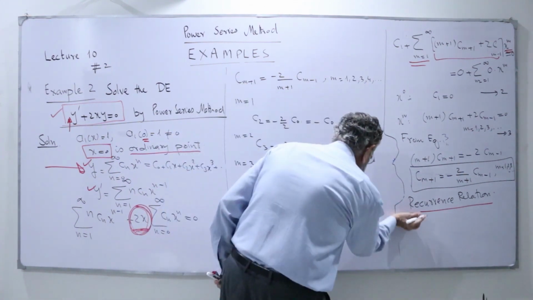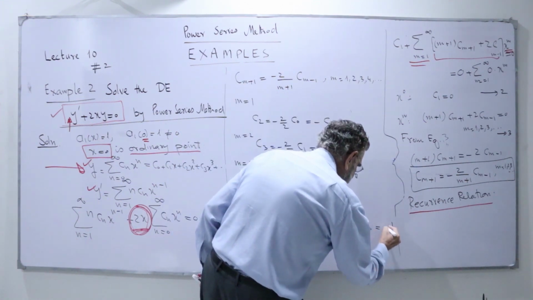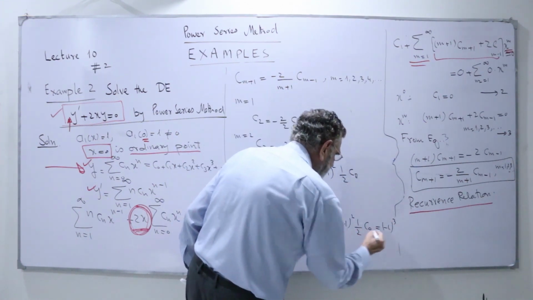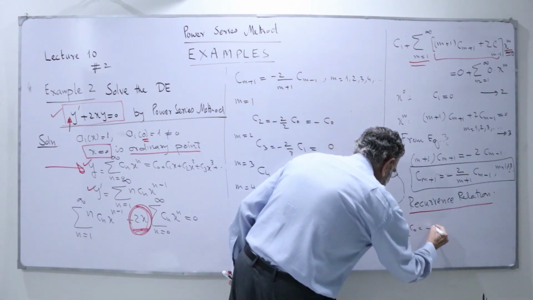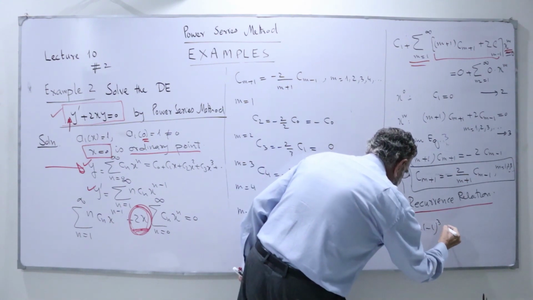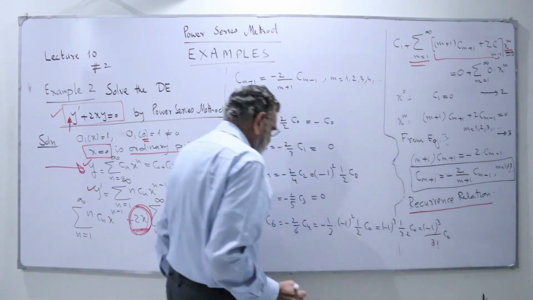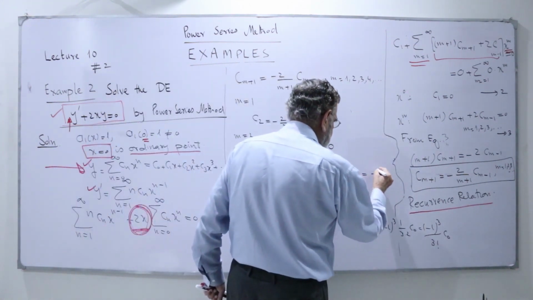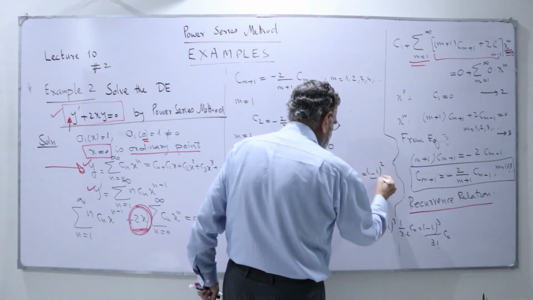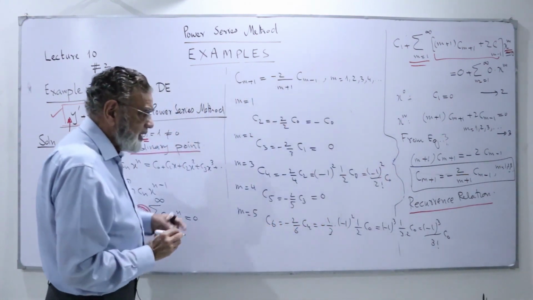I can write this as minus 1 to the power 3, 1 upon 3 into 2 c0. Or we can say minus 1 upon 3 factorial c0, and so on. Similarly, this is also equal to minus 1 to the power 2, 1 upon 2 factorial c0, because 2 is 2 factorial, and 6 is 3 factorial.